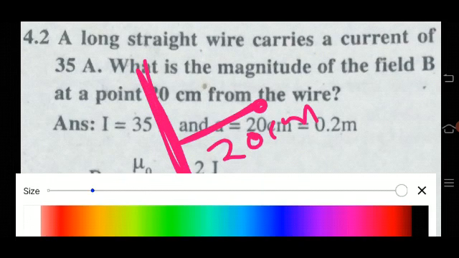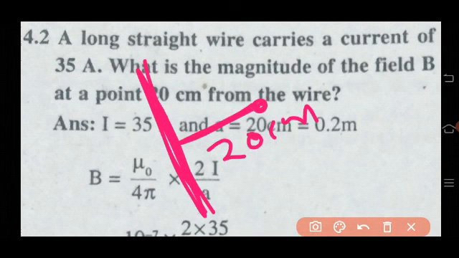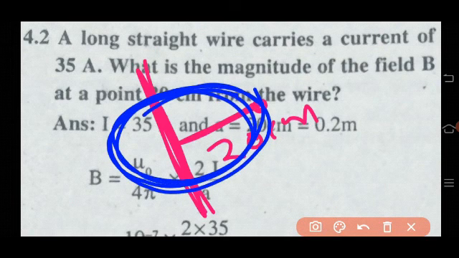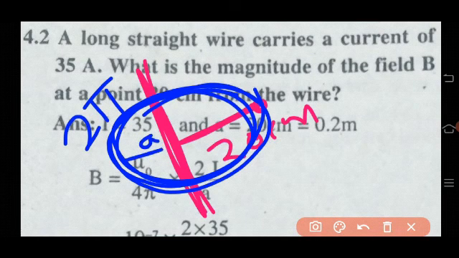So we have to draw an Amperian circuit. What is the length of this circuit? That is 2 pi A if the radius is A, which is 20 centimeter. We can write 2 pi A or 2 pi r.